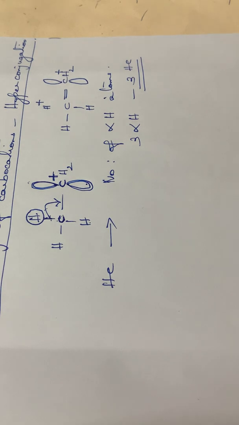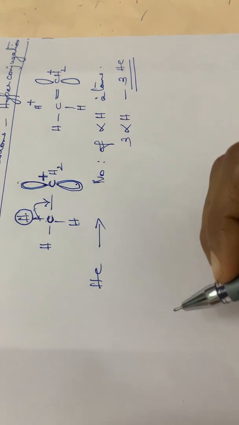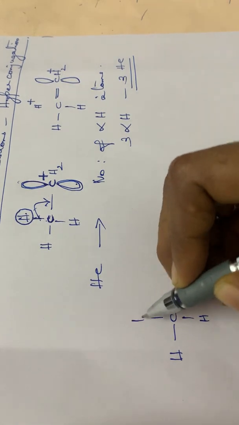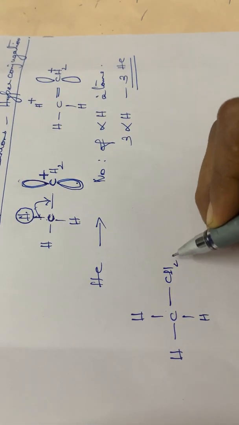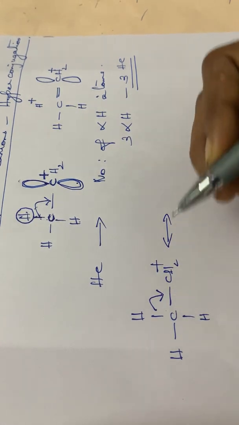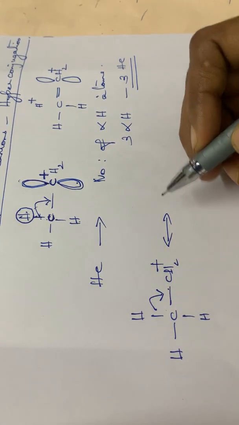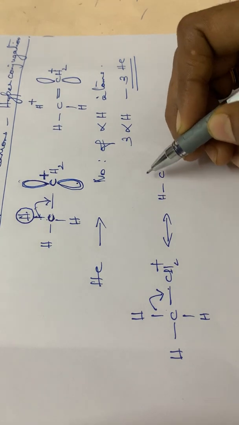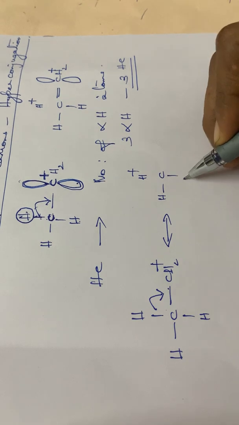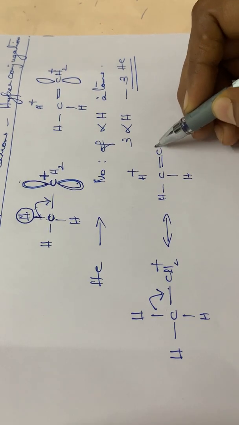So again you have to represent all the hyperconjugative structures. Again CH3 CH2 plus. The first hyperconjugative structure will be like this: this electron pair will be shifted here. So here it becomes H plus, then CH, then double bond CH2.